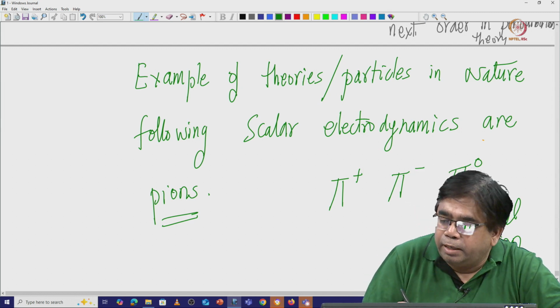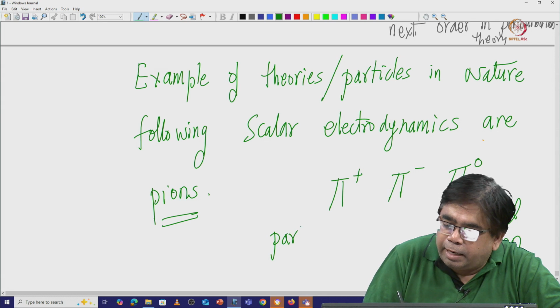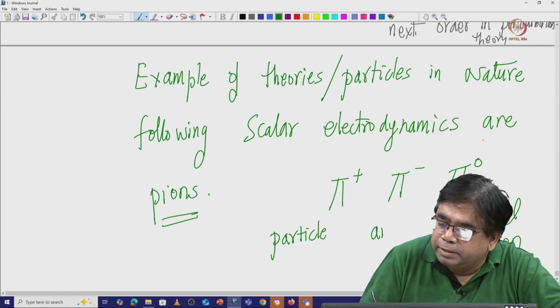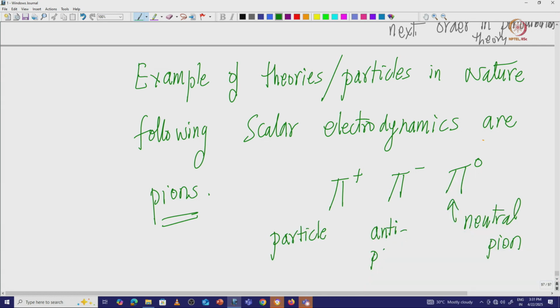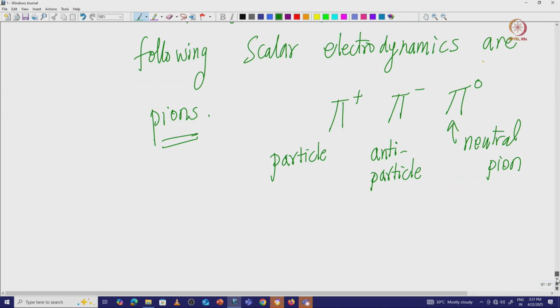So, pi plus is a particle and pi minus is an antiparticle. Now, the question is, you have pi plus and pi minus represented by a charged scalar field, because these are spinless particles, spin 0 mesons.